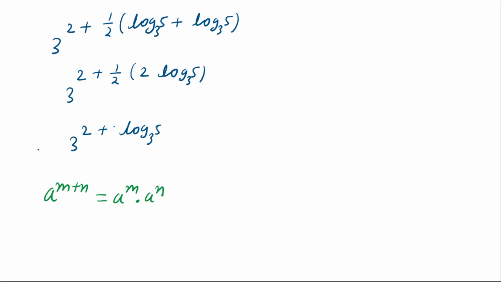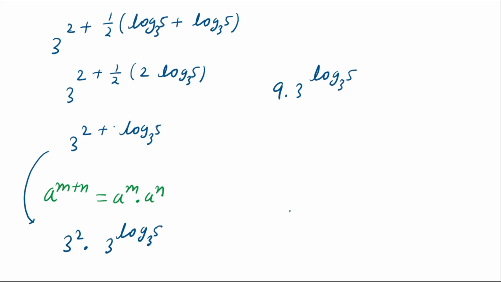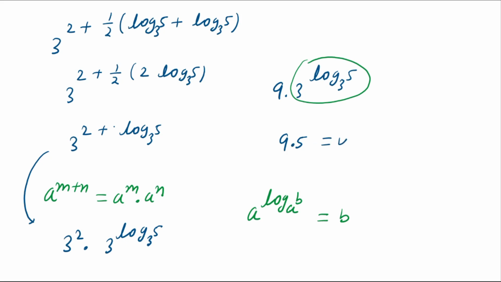If we apply this rule, then you can say 3 power 2 times 3 power log 5 with base 3. 3 power 2 is 9, times 3 power log 5 with base 3. And we know that a power log b with base a is equal to b. If we apply this rule, then the value of this expression is 5. So here 9 times 5, and 9 times 5 is 45.